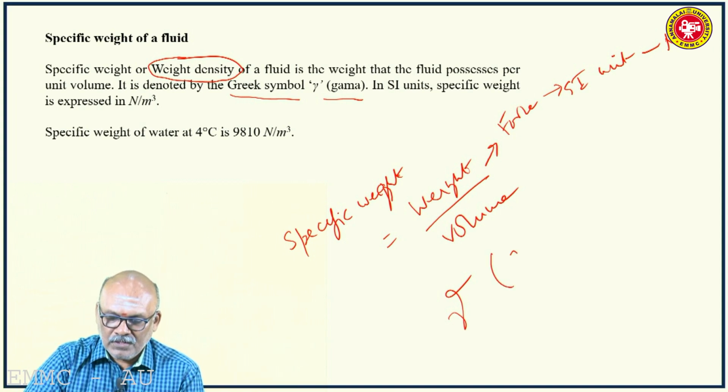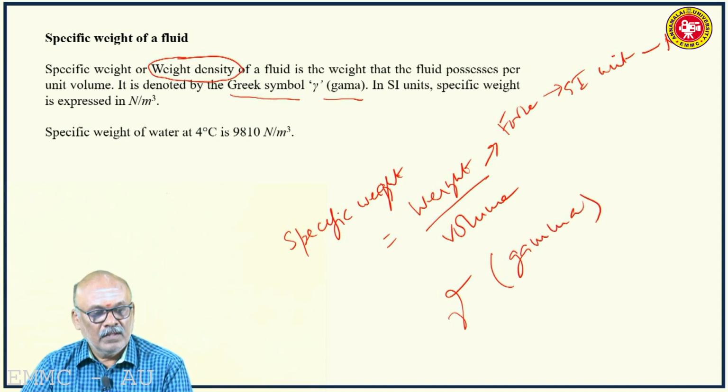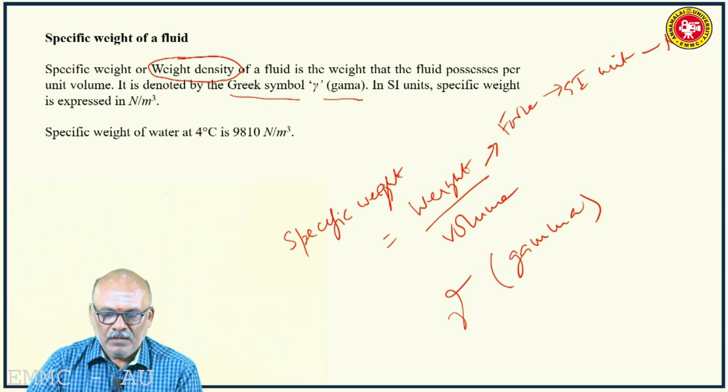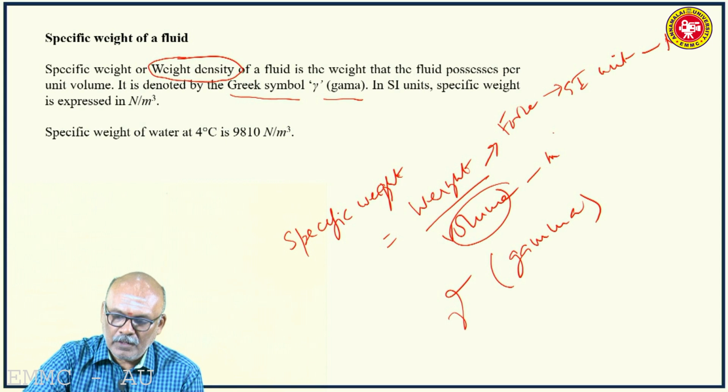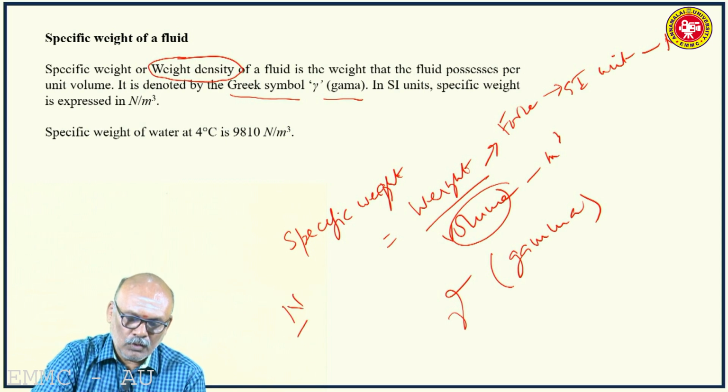So அதனுடைய pronunciation gamma, GAMMA போட்டுக்கோங்க. So in SI units, the specific weight is expressed as Newton per meter cube. Weightங்கிறது ஒரு force, forceஓட SI unit Newton, volumeஓட SI unit meter cube, ஏற்கனவே பார்த்தோம். அப்போ Newton per meter cube.